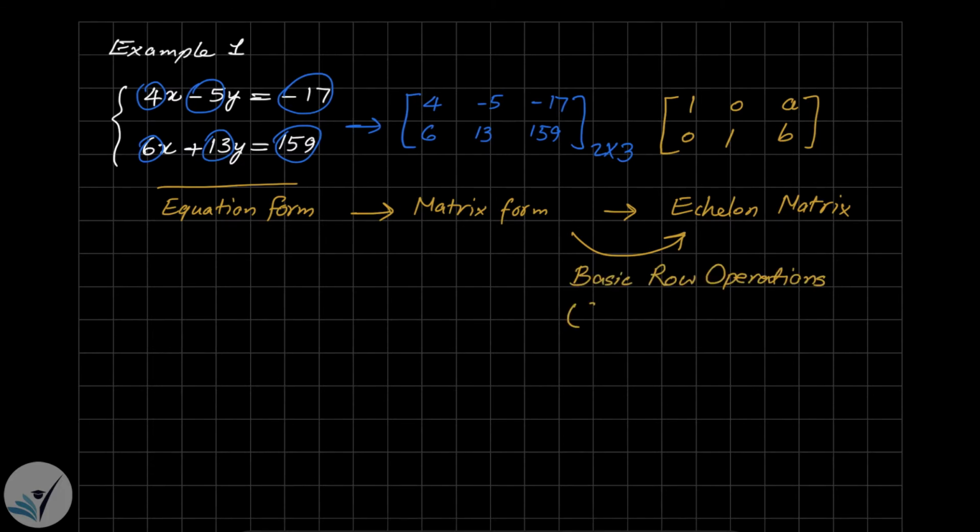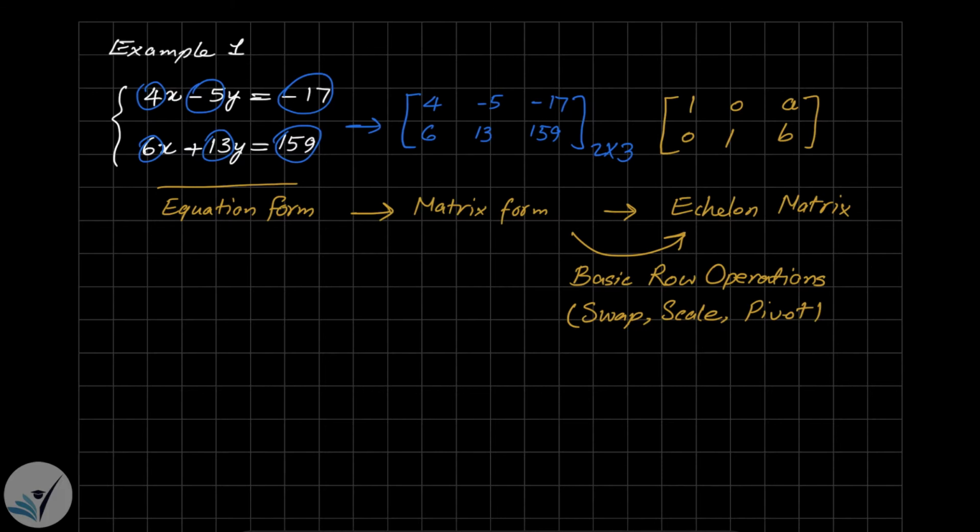These operations are swapping, scaling, and pivoting. I have explained echelon matrices and basic row operations in separate videos. If you're not familiar with these topics, you can check out those videos. Basic row operations should be done in a specific order to avoid undoing your progress.